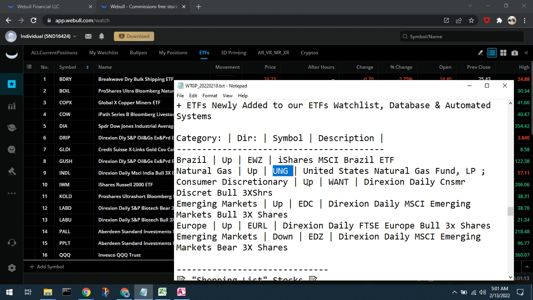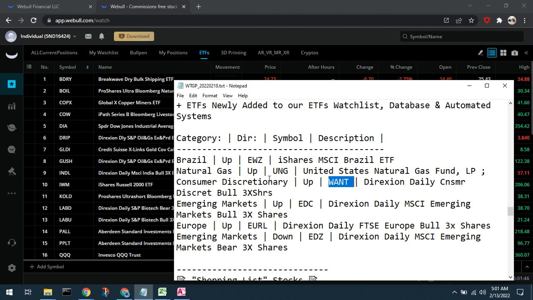UNG, we've talked about the past couple weeks, it tracks the price, the actual price index for natural gas, so that's one we have on our watch list as well. WANT, W-A-N-T, is a bullish ETF on consumer discretionary, so if you think the consumer discretionary sector is going to go up on a given time frame, this is a potential ETF to play the whole consumer discretionary sector.